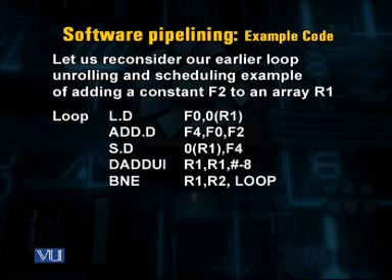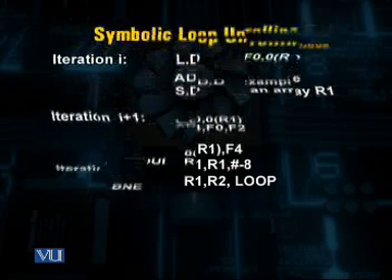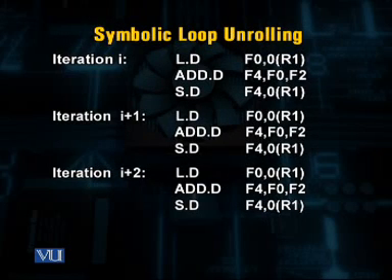However, in this particular case, the overhead instructions such as the add immediate and branch not equal, which are used to evaluate the condition, are not replicated here. Let us look at this program sequence where the body of the symbolically unrolled loop is shown having 3 iterations.